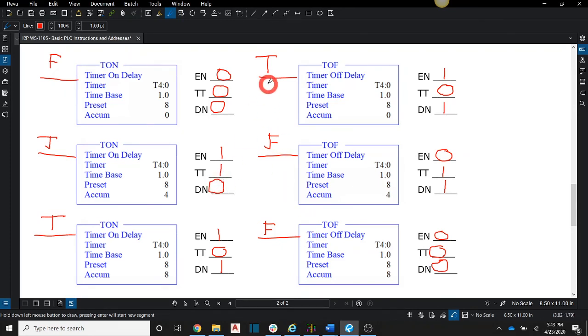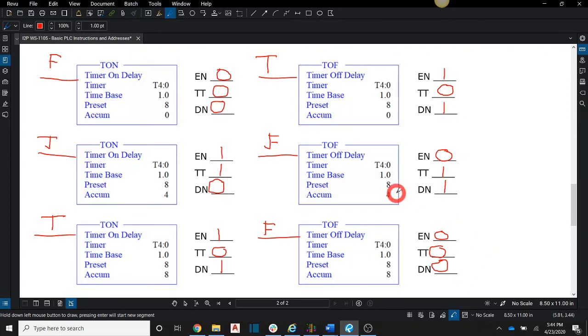Here we're delaying the off transition from true to false. They're both expressed through the done bit. Okay, so that is the difference between the timer on delay and the timer off delay.